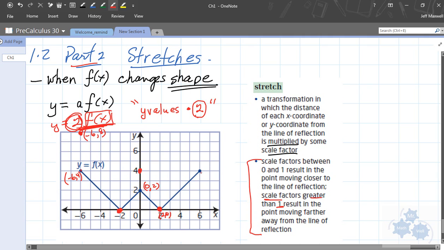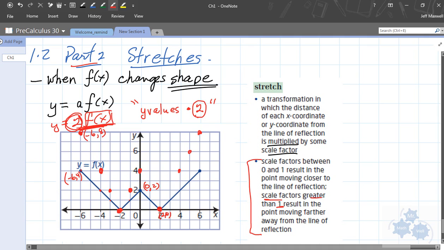If I follow this over here as well, I can take any other point, like this one. This is a y value of 2, so let's make that a y value of 4, and so on. Here's a y value of 1, let's make that a y value of 2. You see how I'm kind of piecing this together here? A y value of 1 becomes 2, 2 becomes 4, 3 becomes 6, and so on.